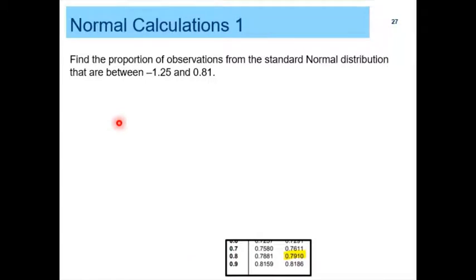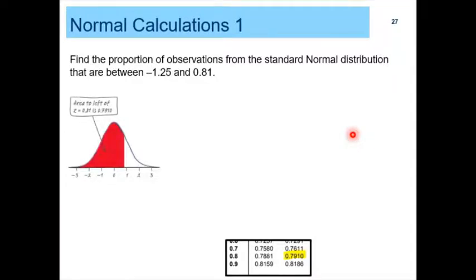Now we have to find the proportion of observations from the standard normal distribution that are between minus 1.25 and 0.81. The area to the left of z 0.81 is 0.7910. Because we have to understand it, this is the less-than table, so for 0.81 we are getting the left part, 0.7910.